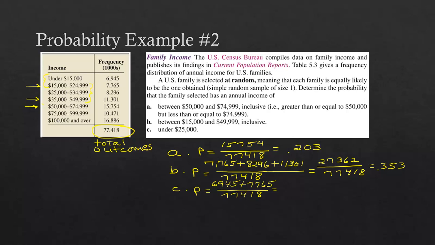Which when you add those two together and divide by 77,418, you should get 0.190, which means 19% of families in the U.S. fall in this income bracket.